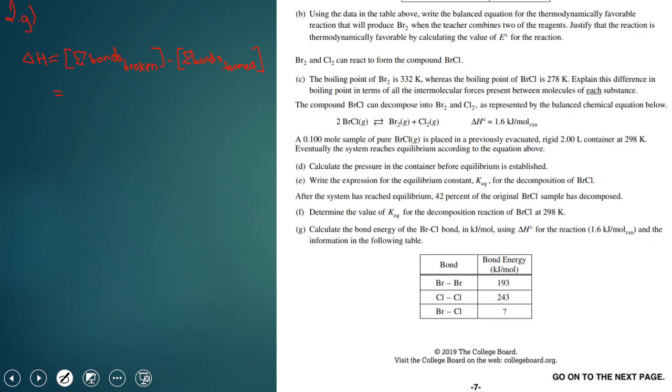So we should technically multiply by the number of moles. I'm not explicitly writing it in here, but I will be doing that. And so think about what's broken. Well, our BrCl is broken. So I have 2 of these BrCl bonds broken. And then minus, well, I have 1 BrBr formed plus 1 ClCl formed.